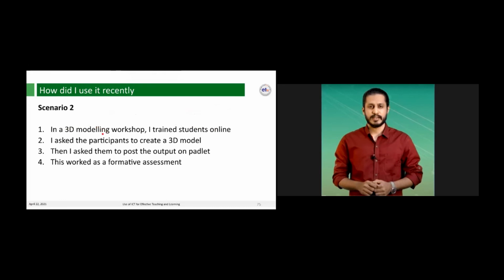I train students for 3D modeling online, and then I ask them to create a 3D model. But how can I check their submissions? Instead of making it more formal, I ask them to post it on the Padlet. Just take a screenshot and post it on the Padlet. I'll just show you how it works. So this worked as a formative assessment. I'll get back to this point again.